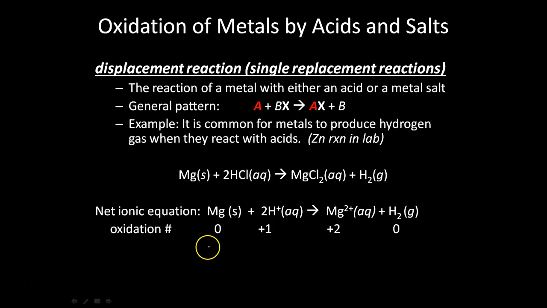And notice the oxidation states of these species here. We're going from magnesium 0 and hydrogen +1 to magnesium 2 plus and hydrogen 0. So that is how we are able to visualize where all the electrons are going. 2 electrons from the magnesium go to the hydrogens, and then the 2 hydrogens each become hydrogens with 1 electron.